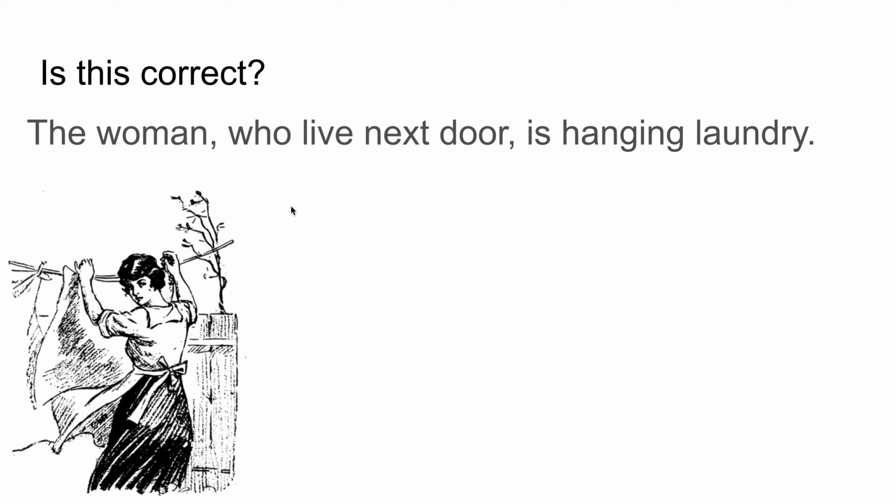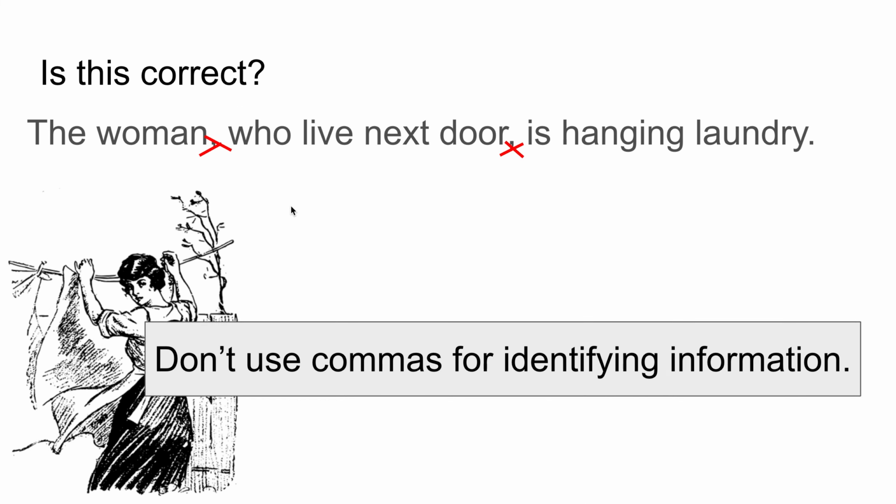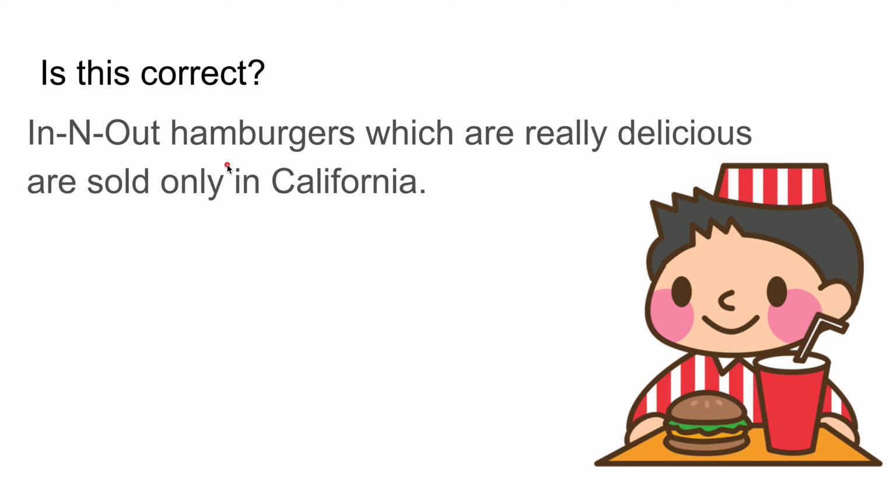Okay, the answer is no. Remember not to use commas with identifying information. Here, who lives next door tells me what woman is being talked about, so it is identifying. We cannot use commas.